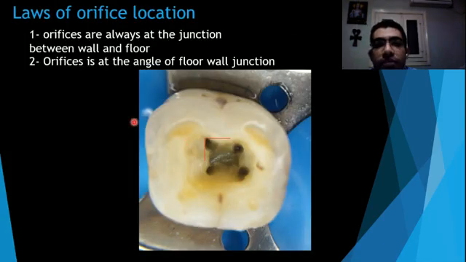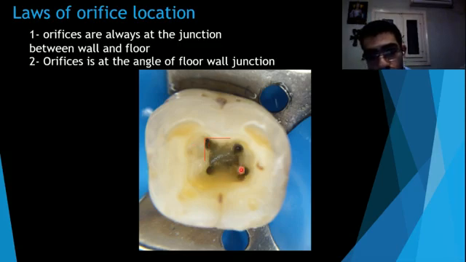We have next three laws for orifice location. The first law says that the orifices are always at the junction between the wall and the floor. If you see this axis, this is the floor and this is the wall. The orifices are located at the junction between the floor and the wall.